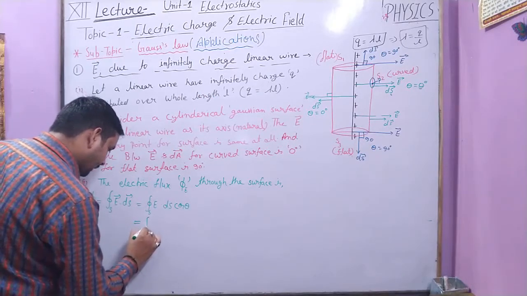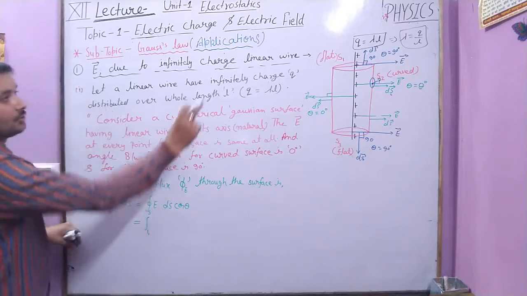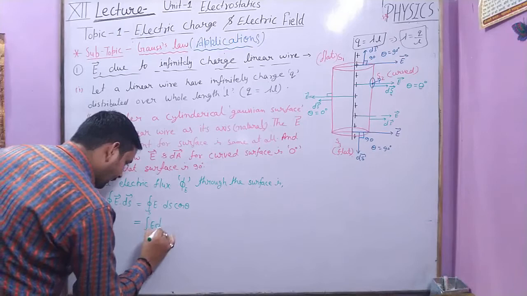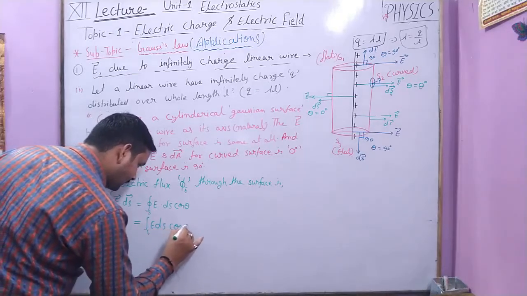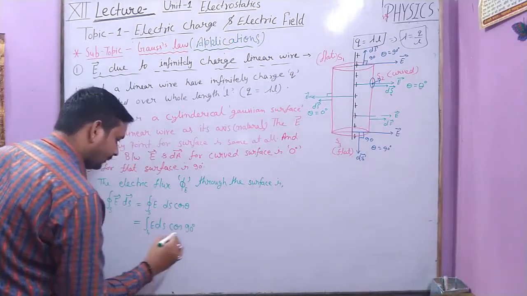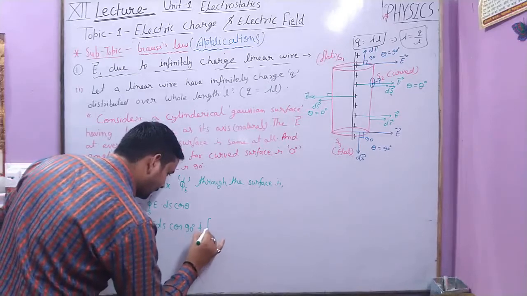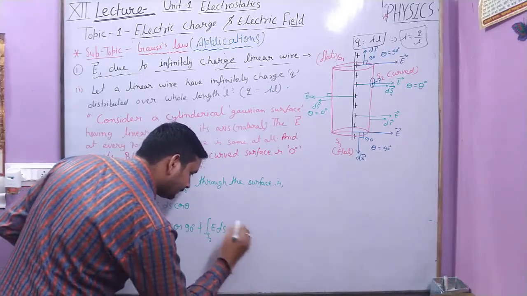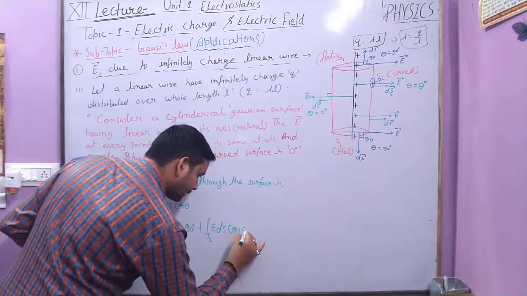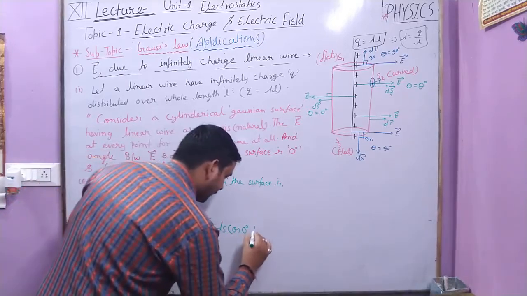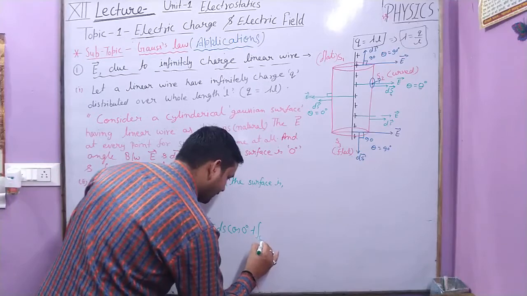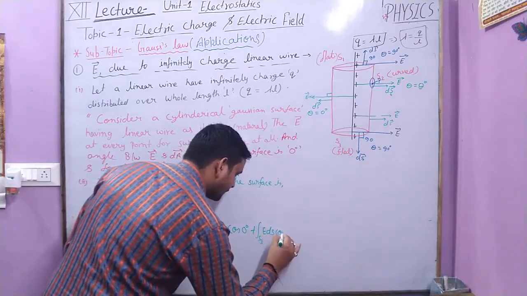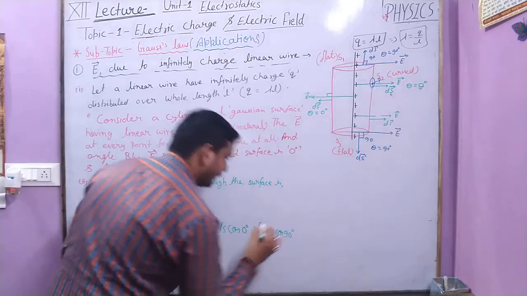So for S1, which is your flat surface, E ds cos 90 degree, plus for surface S2, E ds cos 0 degree, and for surface S3, E ds cos 90 degree.